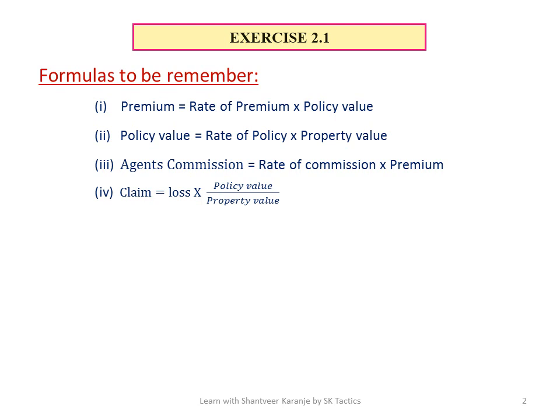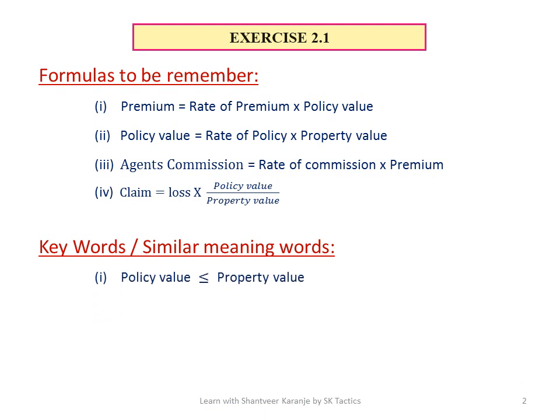By these four formulas, we are studying this exercise 2.1, and a few similar words we are recollecting as keywords: policy value and property value. Their ratio is such that policy value is less than property value.